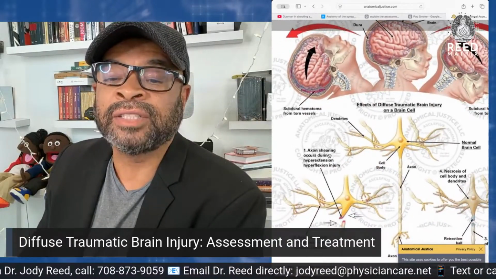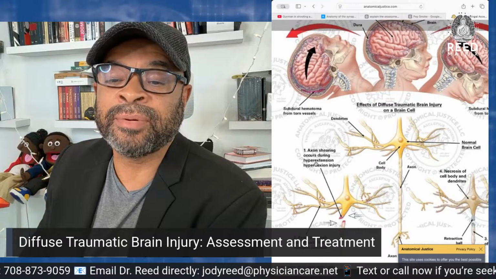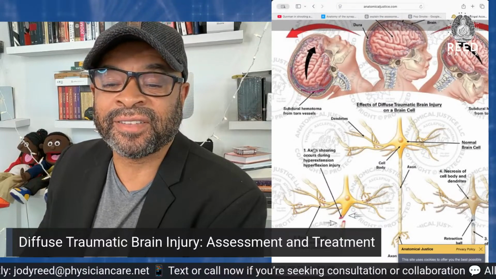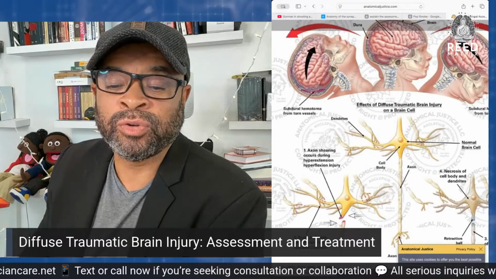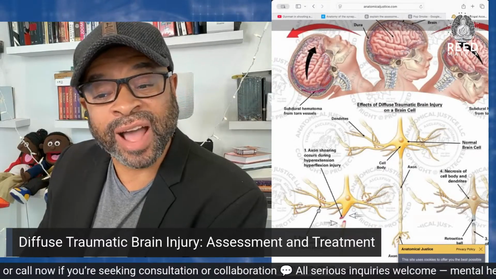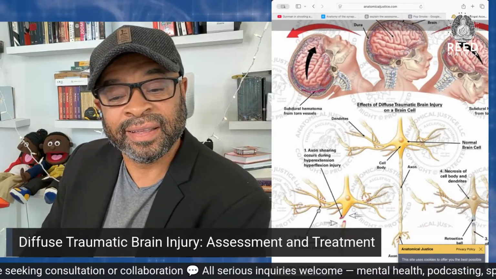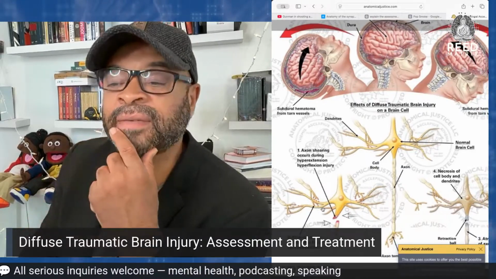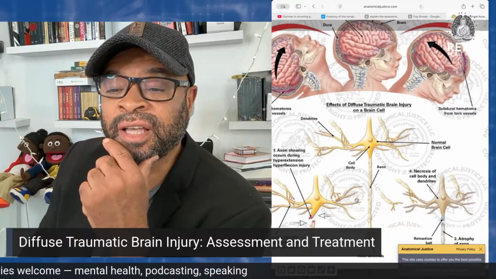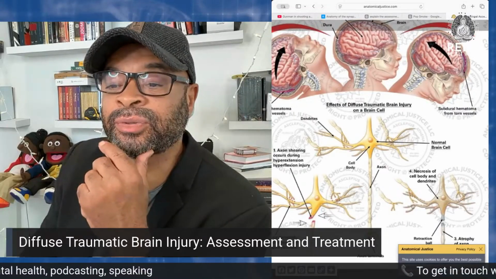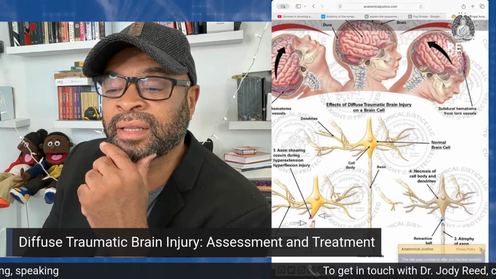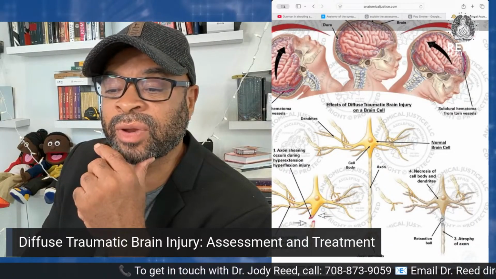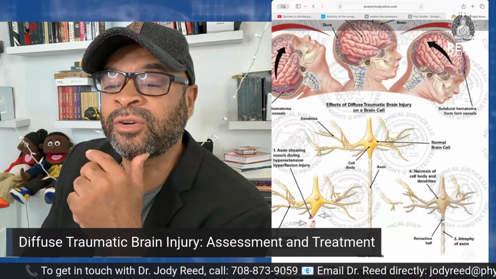Axonal shearing occurs during hyperextension or hyperflexion injuries. Okay, shearing. Axon terminals pulled away from synaptic junctions. Wow. That's the first time I've heard of that one. Of course, the axon, then the axon terminals. And here's the shearing. Oh, okay. They say retraction ball here. Necrosis of the cell body and dendrites.